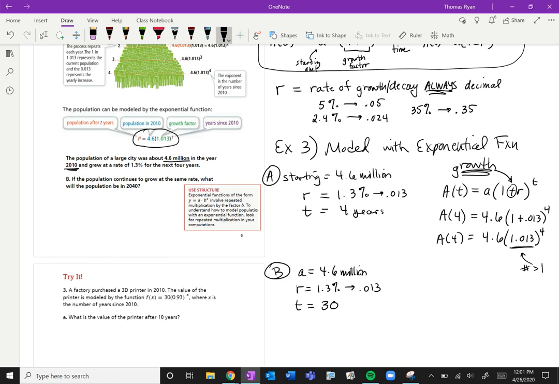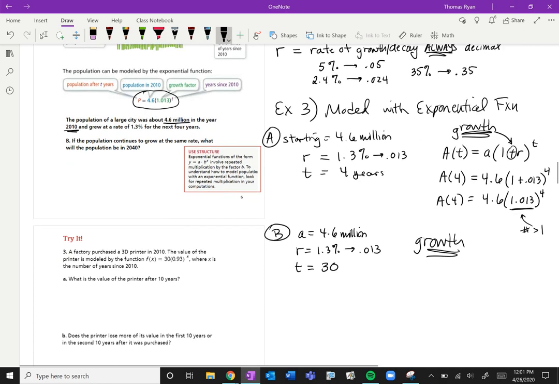Okay, so we know that we're going to use growth because it said that we were growing. So let's go and do it. Our growth function is a times 1 plus r to the t. We are trying to evaluate after 30 years, so we want 4.6 times 1 plus 0.013 to the 30th. And this is where I would go to the calculator.